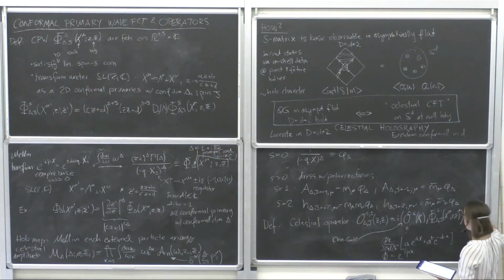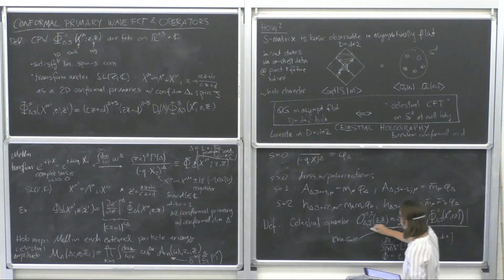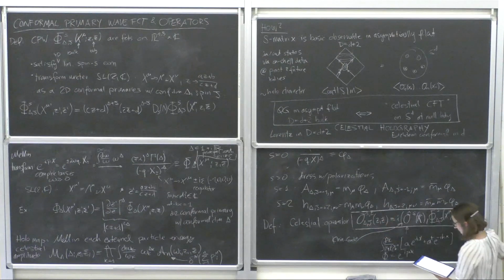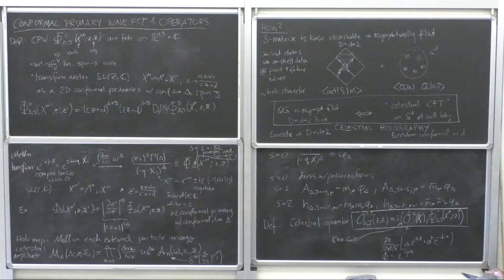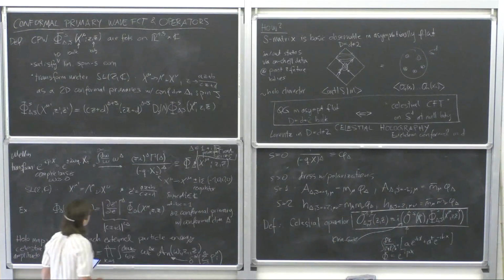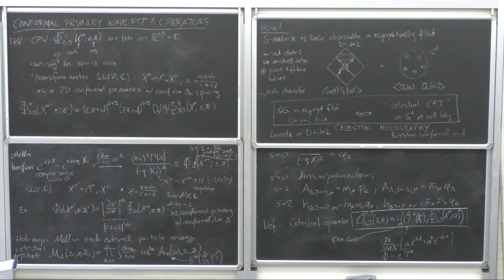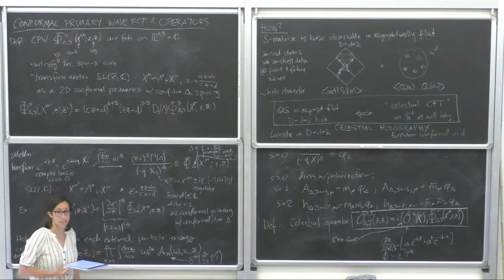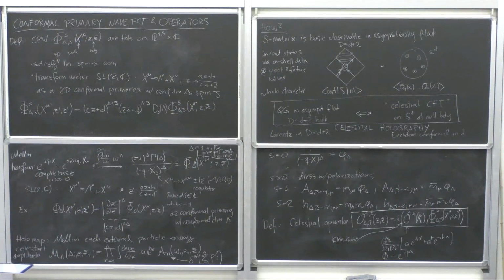Okay, so I think I'm out of time. Let me end with this here and maybe summarize what we've done so far. I gave you some motivation of why holography in asymptotically flat space is interesting. I've explained to you the aspects of asymptotically flat space, and some of the challenges that it produces in comparison to anti-de Sitter space.